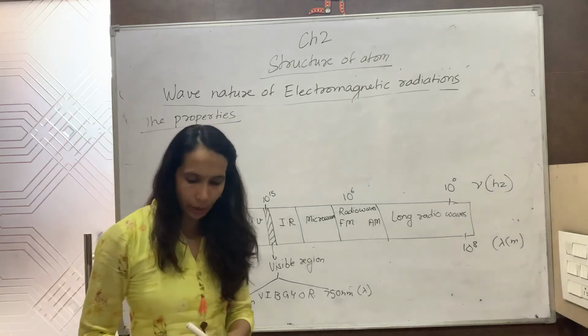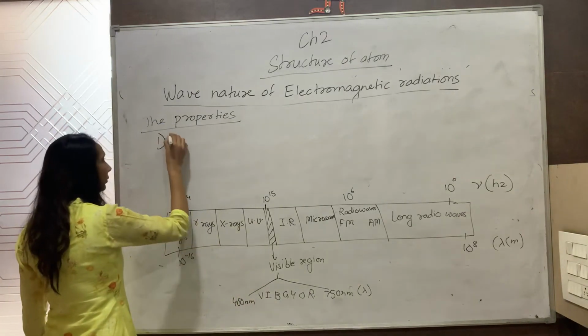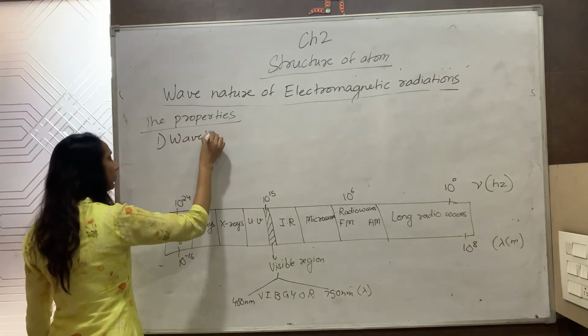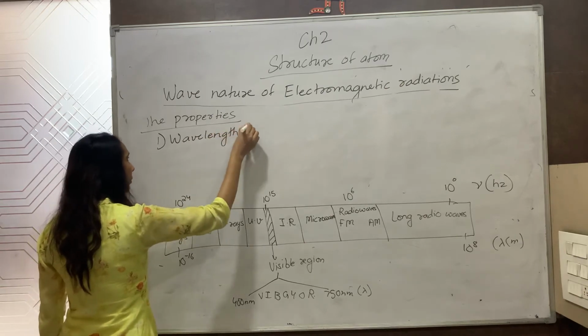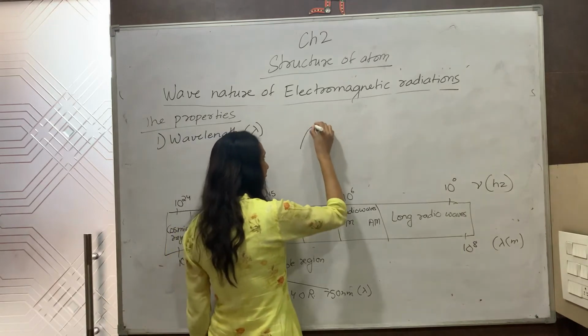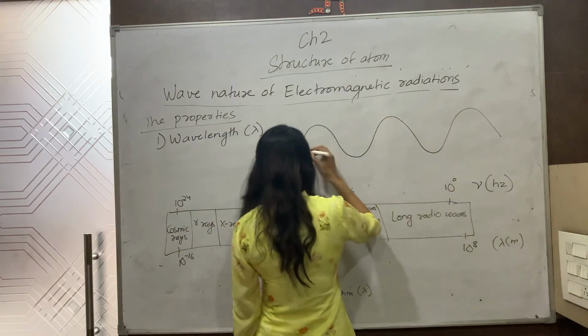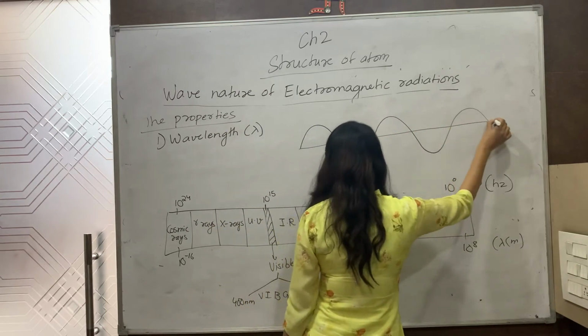The first property of these electromagnetic radiations is wavelength, lambda. We know that electromagnetic radiations have a wave nature; this is how they propagate. Now, what is wavelength?